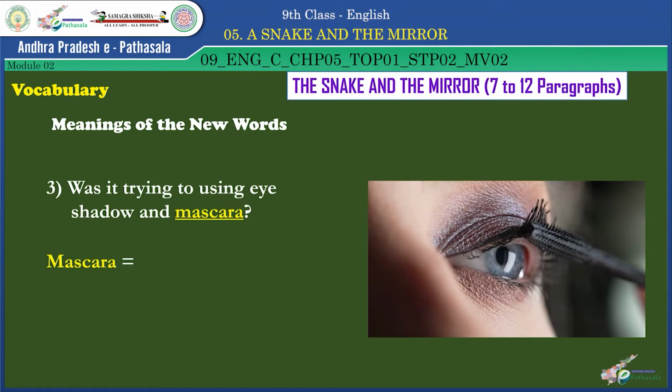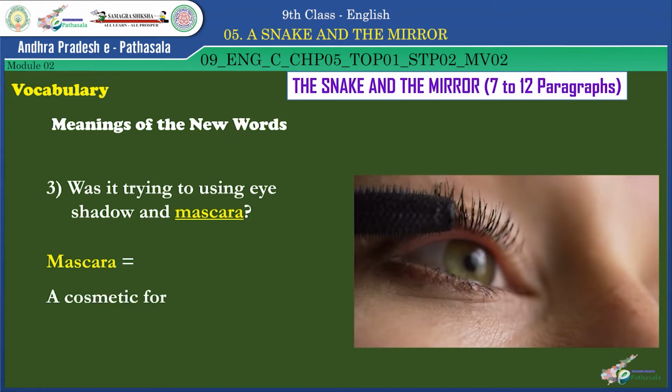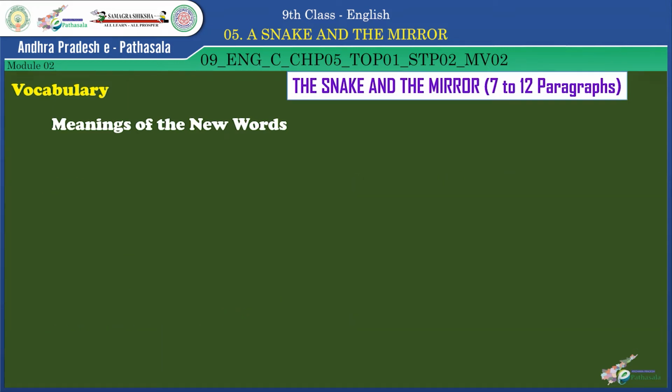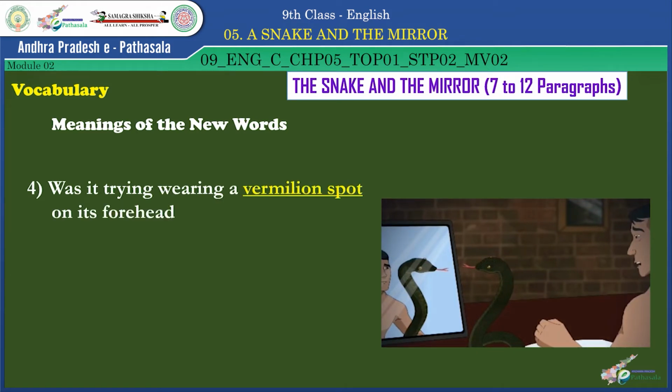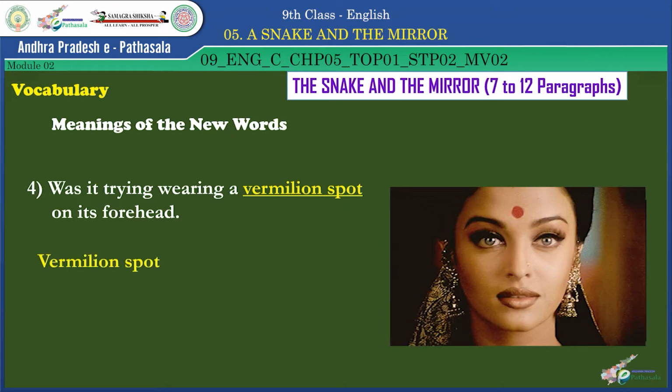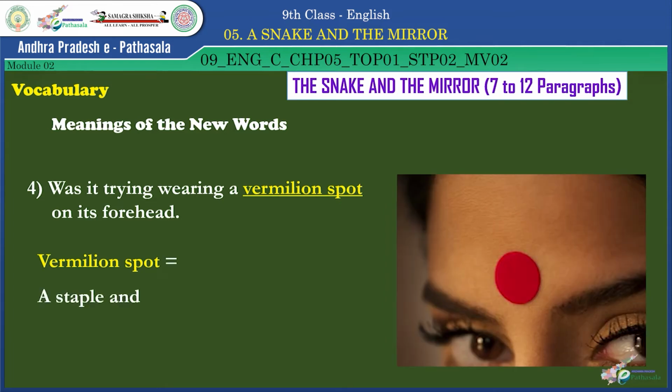The meaning of mascara is a cosmetic for darkening and thickening the eyelashes. The fourth one is, "was it wearing a vermilion spot on its forehead?" The new word here is vermilion spot. The meaning of vermilion spot is a staple and symbolic mark for women in the Indian tradition.